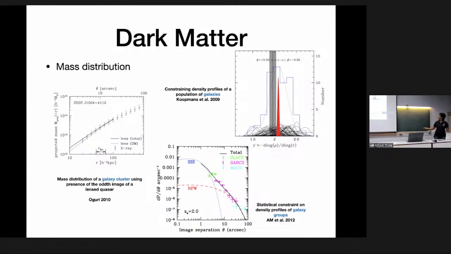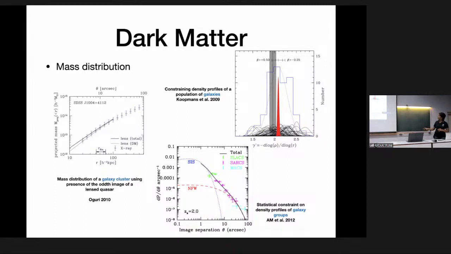Here I'm pointing out a study where only one lens system was analyzed, but this is going to a much larger scale. So now this is like a galaxy cluster. In a galaxy cluster, we can combine strong lensing and weak lensing. That is something that Surhud will talk about in the next lecture tomorrow. So here we have combined strong lensing plus weak lensing, shown by the solid and the dotted curves.